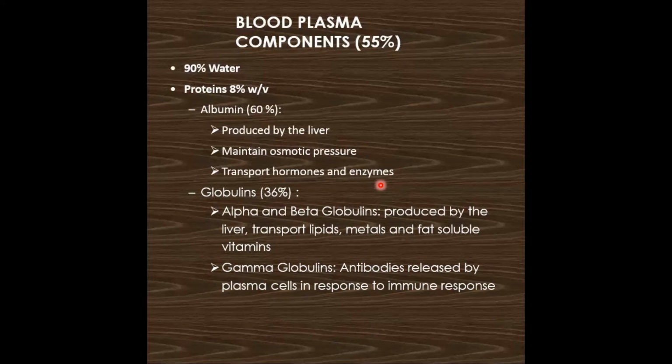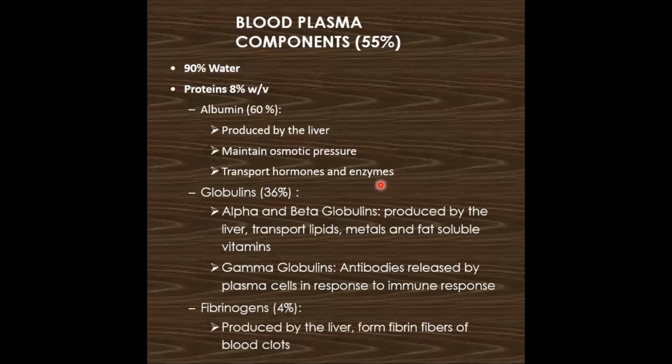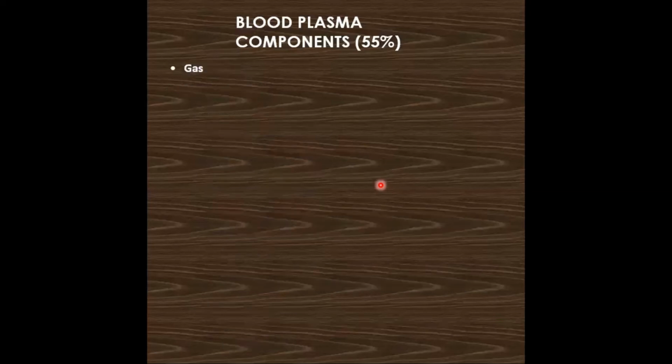They are basically antibodies which are released by plasma cells in response to immune response. And the third one is fibrinogen. Almost 4% of the total protein is made up by fibrinogen. Globulins are 30% and albumin is 60% of the total protein content of the blood. Fibrinogen is also produced by the liver and forms fibrin fibers of blood clot and helps in blood coagulation.